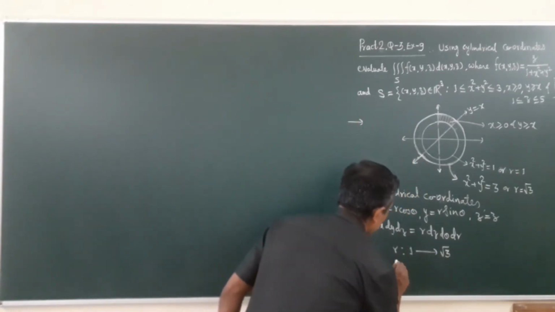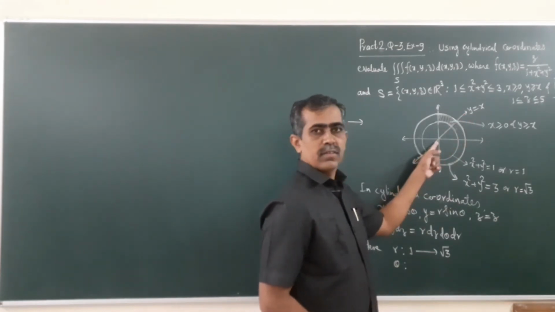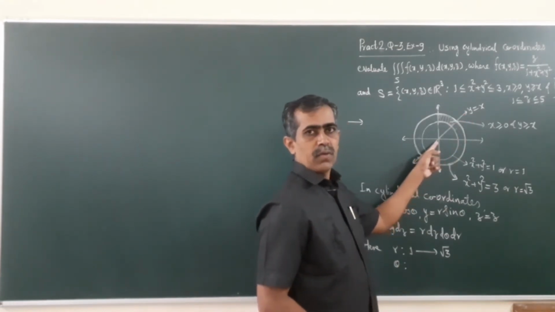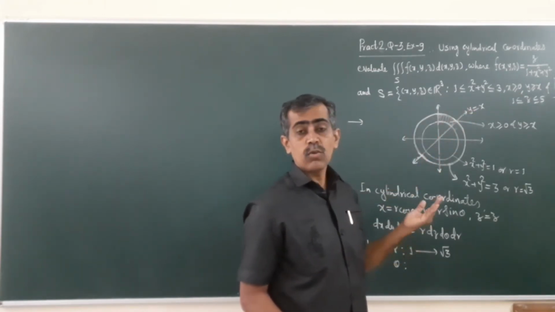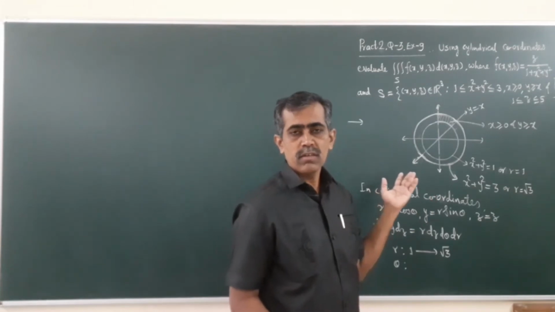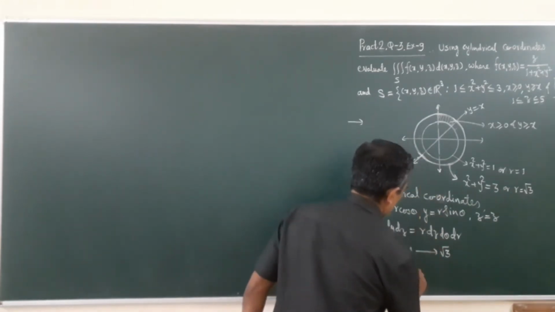Now, what about theta? This is the line y is equal to x. What is the angle made by this line? y is equal to mx, so the slope m is 1 here. Tan theta is 1 means theta is pi by 4.